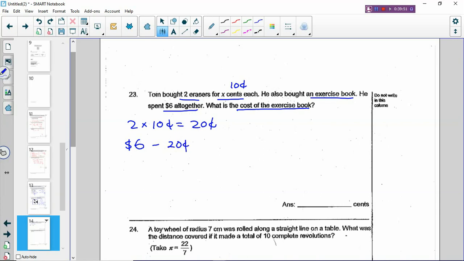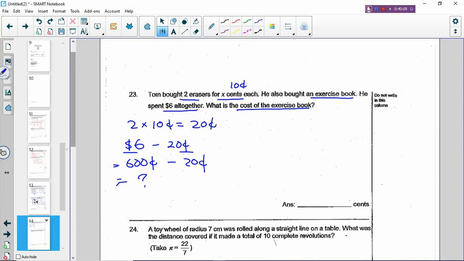But you have a problem. You cannot minus when the units are different. So if the units are different, you have to change them to the same units. So you have to change them all into cents. Then you can minus, and that's how you get your answer.